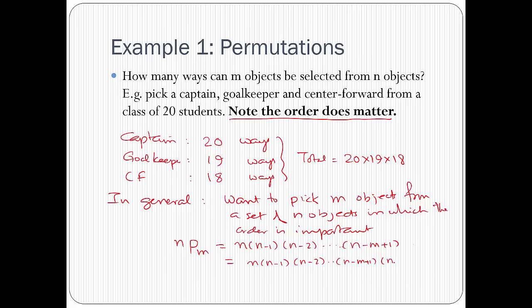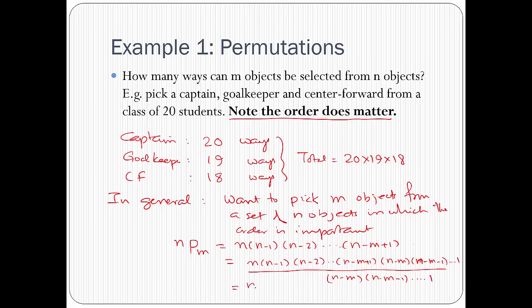I'm going to add some additional terms, n minus m, n minus m minus 1, all the way up to 1, divided by whatever I added in the numerator, I must also add to the denominator, so that they will cancel out.